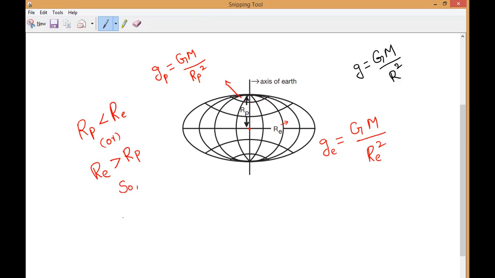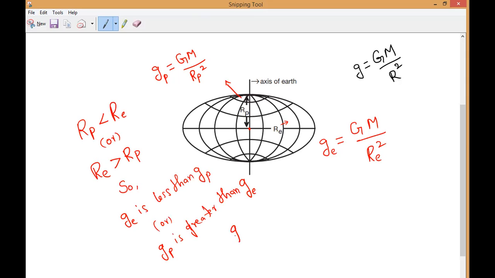So what will happen, guys? GE is less than GP. Understanding? Or GP is greater than GE. I can write GE is less than GP, or I can say GP is greater than GE. G means acceleration due to gravity. Is it okay, everybody? Are you clear at least now?